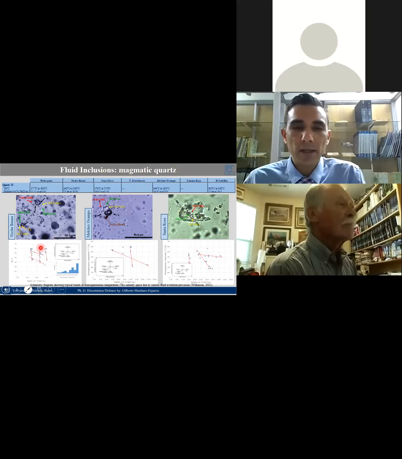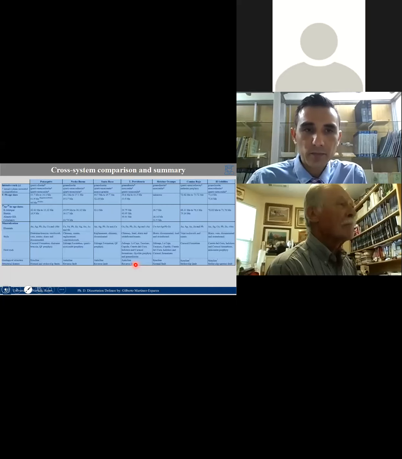But commonly, we can see in the Wilcox vector diagram that mostly hydrothermal fluids were influenced by either boiling, cooling, and in some cases, especially at Santa Rosa, also decreasing pressure.